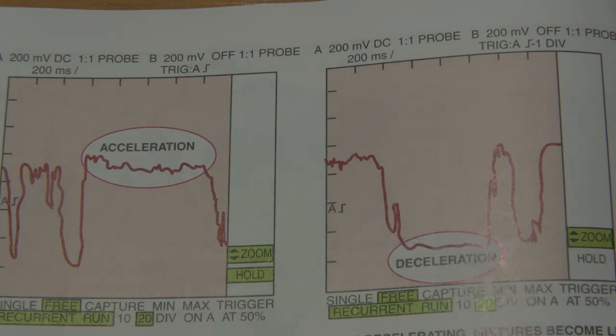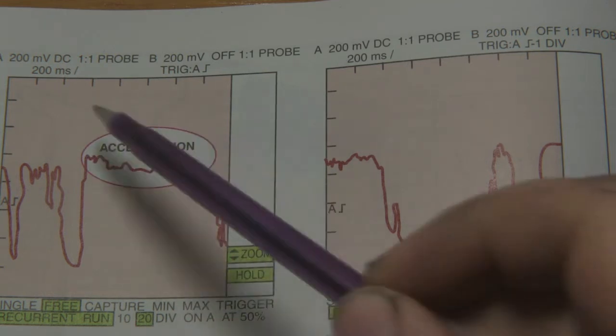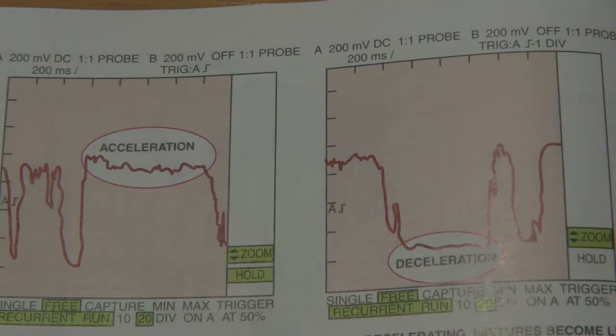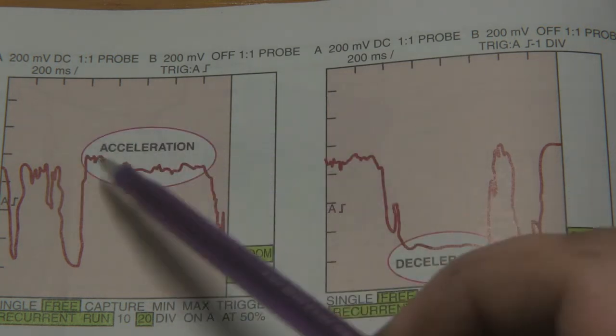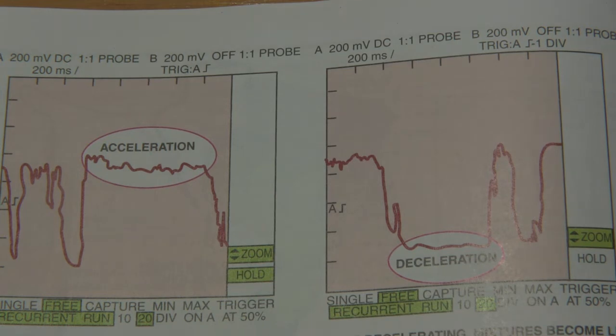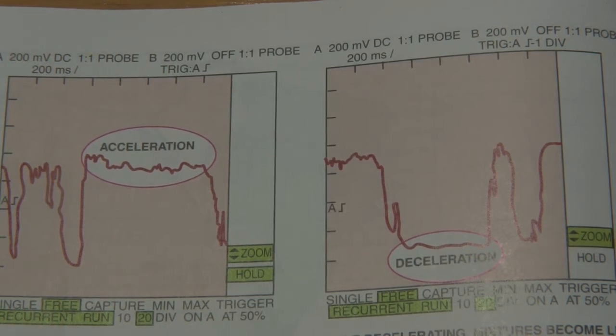So why? What is actually happening here, and how does the computer know how much fuel that it's adding? Well, this is one of the disadvantages of a narrowband. It doesn't know. The narrowband oxygen sensor has no idea what the actual air-fuel ratio is above that 1 volt rich point. The computer is programmed from the manufacturer to utilize what's called power enrich.